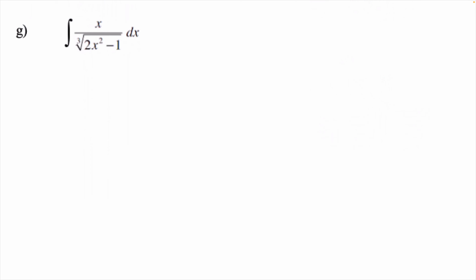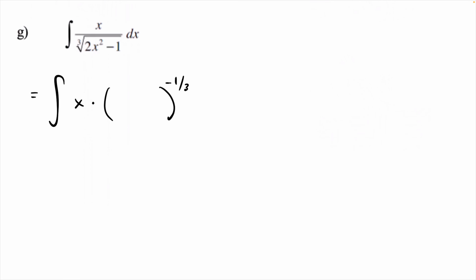So again, I'm going to rewrite it so I don't have roots. So I have x. Then I have, it's negative 1/3 power because it's on the bottom and it's a third root. So that's going to be negative 1/3.